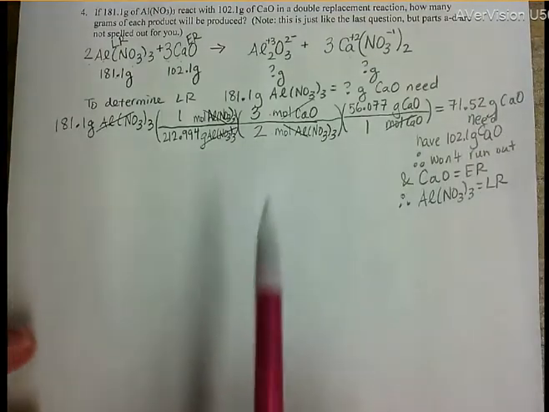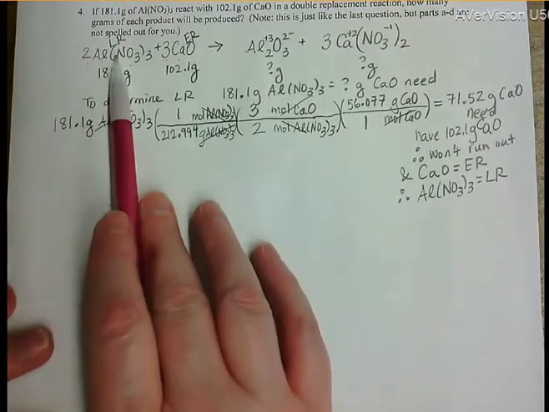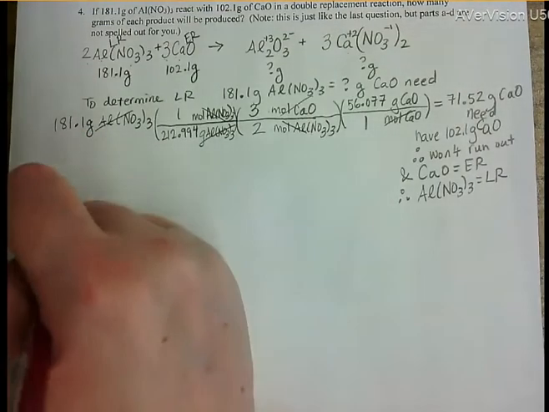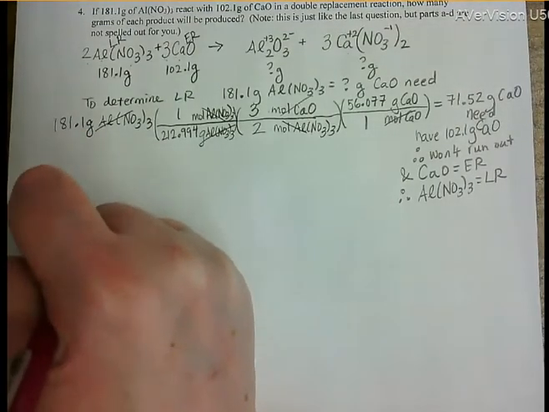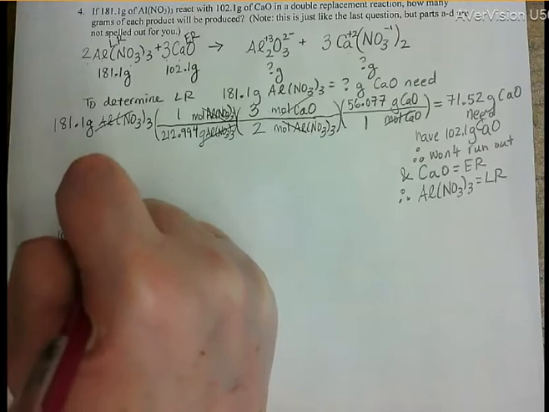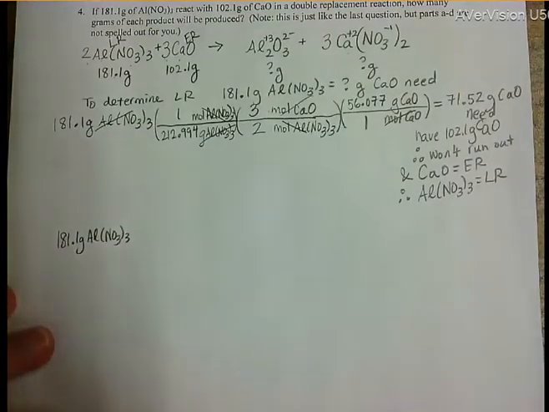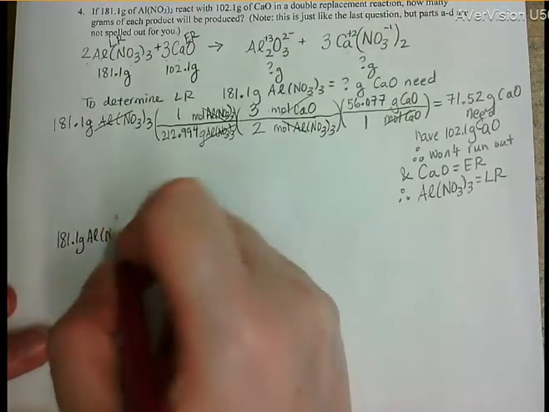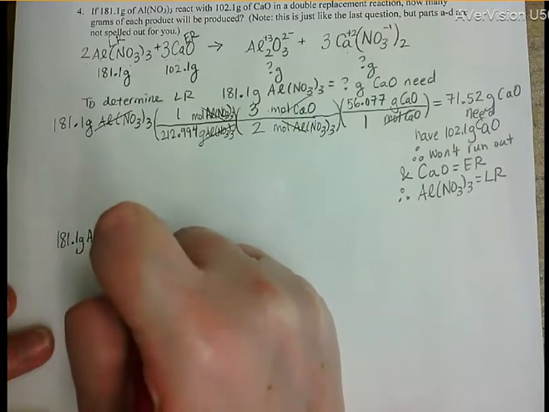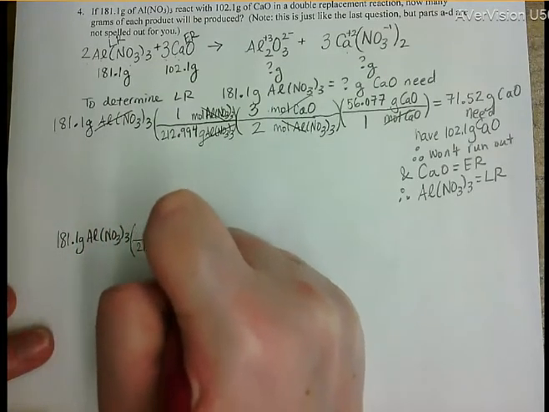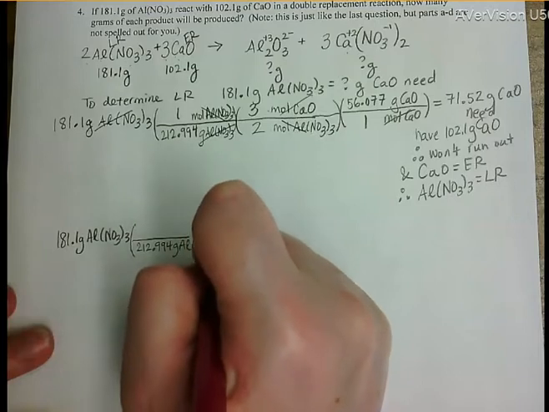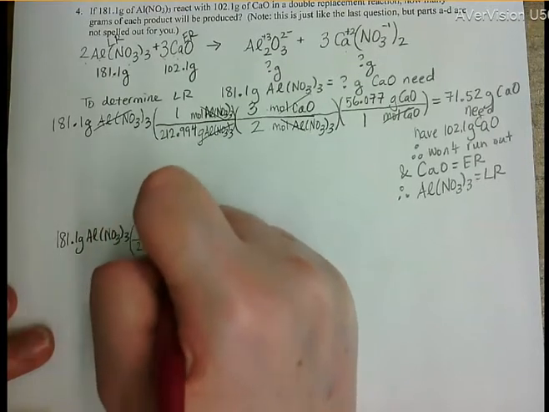So now I'm ready to calculate my amount of product. I have to use my limiting reactant. So 181.1 grams of aluminum nitrate. Again, what's nice is that mass is going to be used again, so 212.994 grams of aluminum nitrate to 1 mole.